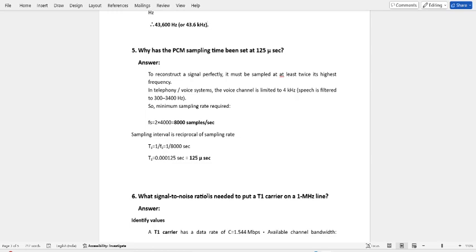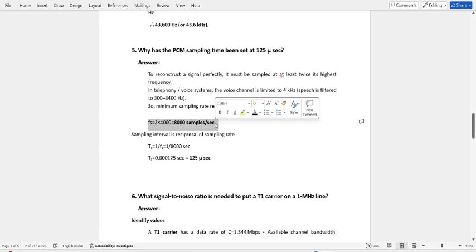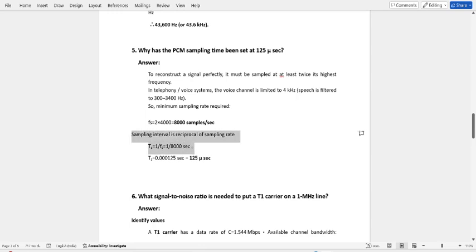So the minimum sampling rate is required: Fs is equal to 2 times 4000, which means 8000 samples per second. The sampling interval is the reciprocal of the sampling rate, so Ts is equal to 1 by 8000 seconds, which is 125 microseconds. This is the answer.